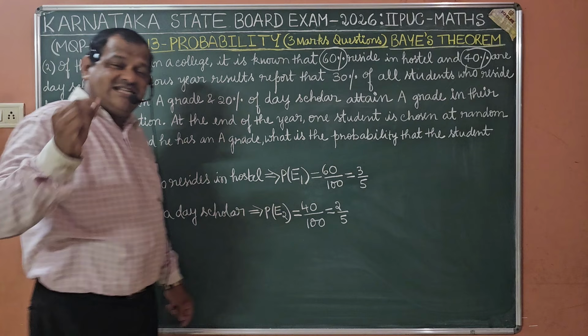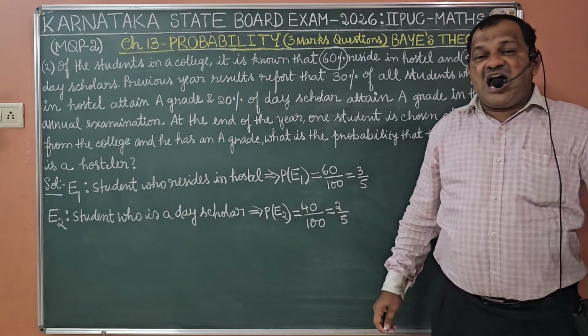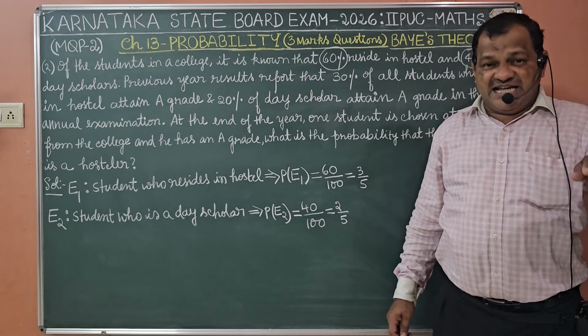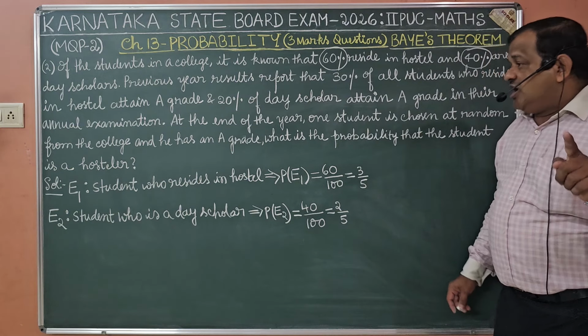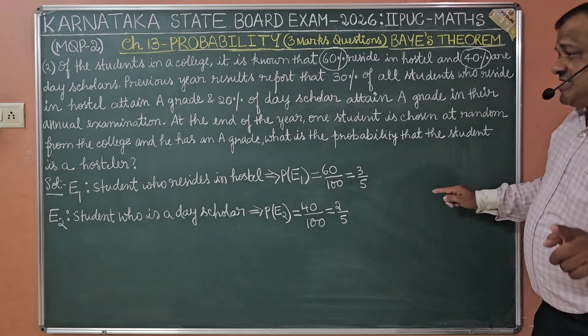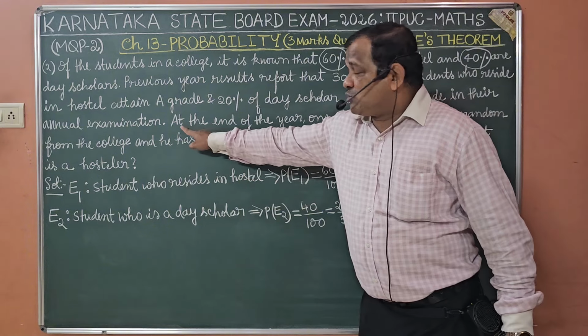Now, I said in the previous sum or in the same video, please read the last but one sentence. That gives you the special event A. So here, the last sentence is, what is the probability that the student is a hosteler? Whereas look at the last but one sentence.